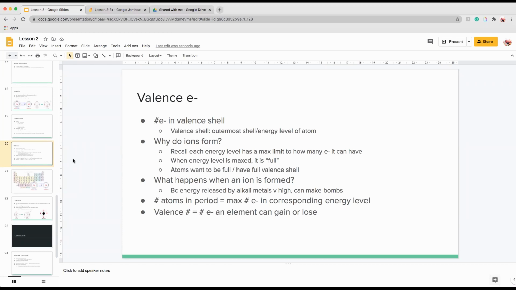When an atom gains or loses an electron, it releases energy. If we remember, alkali metals, the elements in group 1 of the periodic table, I mentioned in the previous lesson that they're very reactive. So basically, they lose electrons, right?